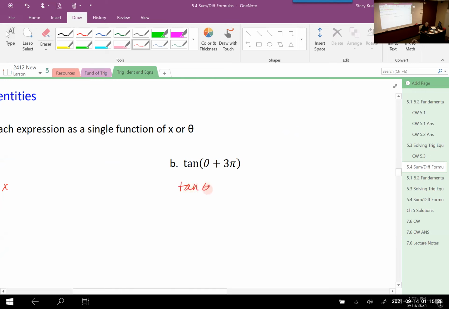So the tangent of theta plus the tangent of 3 pi, all over 1 minus tan theta times tan 3 pi.